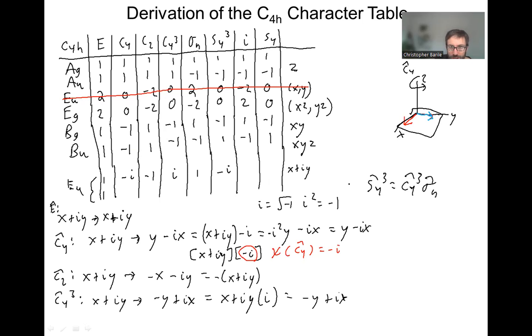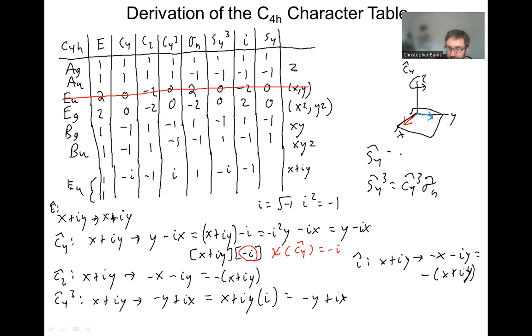And then inversion takes x plus iy, and x, y, z goes to negative x, negative y, negative z, so we get negative x minus iy. So that's just the negative of what we started with. So the value there is negative 1, right? Just like C2. And then our last one here is S4.